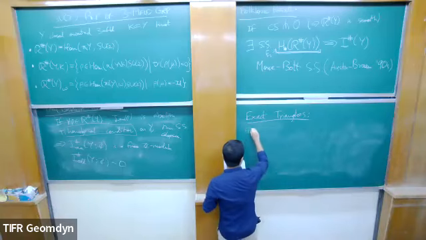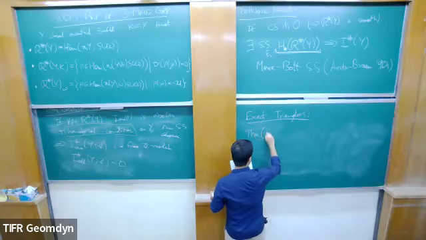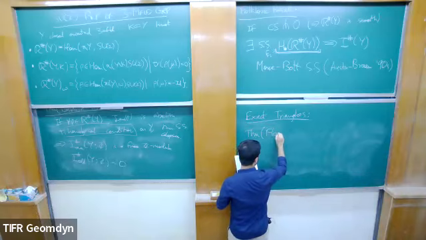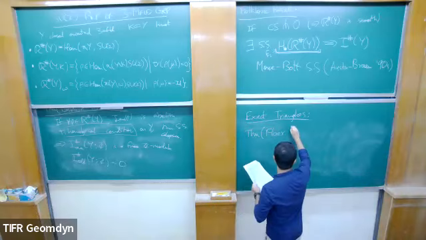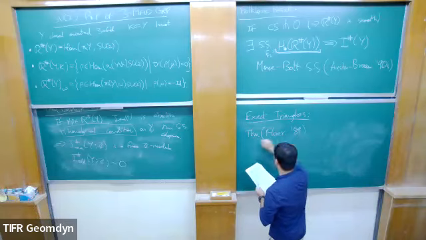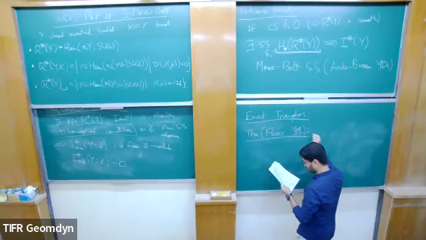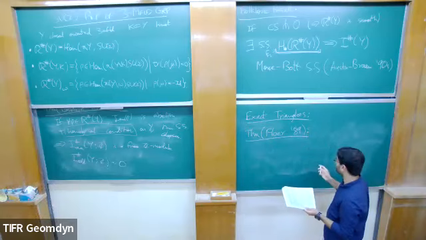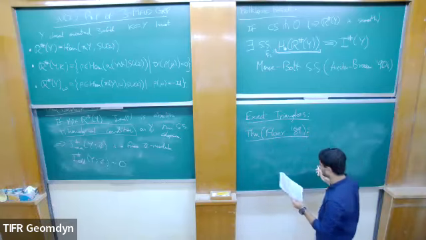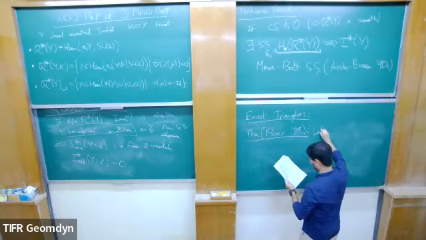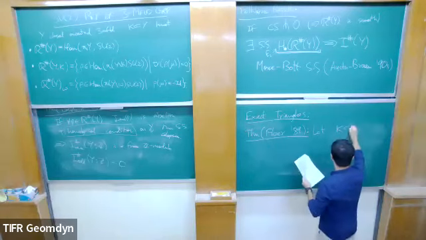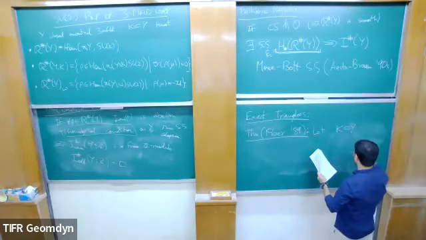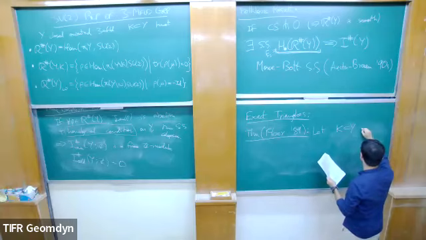Okay. So the first result in this direction is due to Andreas Floer himself, and this is in '89, I believe. I don't think it ever made it to publication. It was a preprint, but anyway. Let K be a knot with some framing.